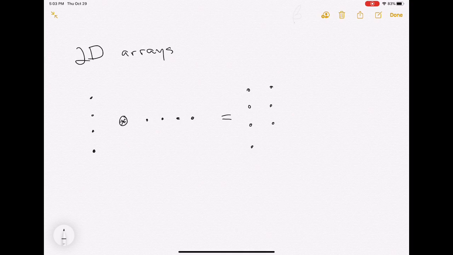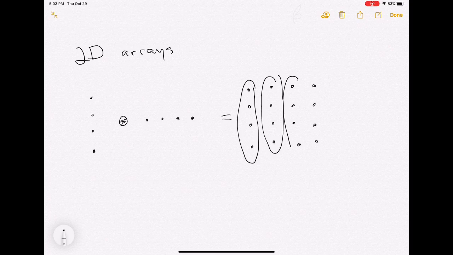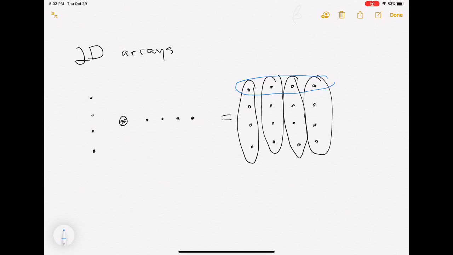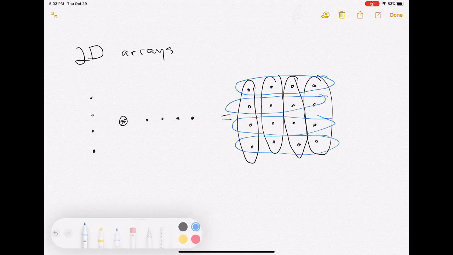So you can consider this to be an array of 4 arrays, like that. Or there's no reason why you couldn't consider it to be an array of 4 arrays horizontally too. I mean, that's fine. I don't care.